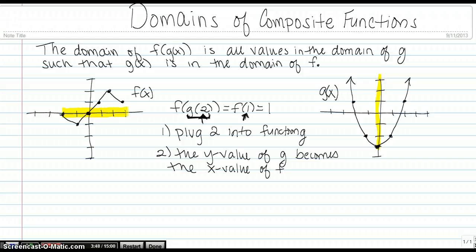So I'm going to highlight every part of that function whose y values are -2 to +3. So we have this has a -2 y value, and then we're going to go up to 3. And this side also has a piece that's from -2 to 3. And so our domain that we're allowed to have is actually starting at this point and going in this direction until you get to the y value of 3.